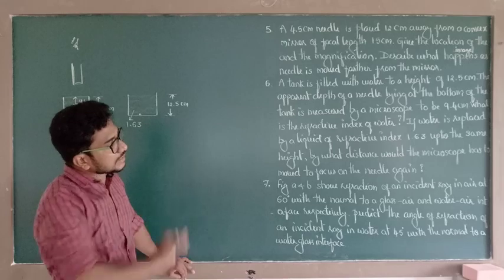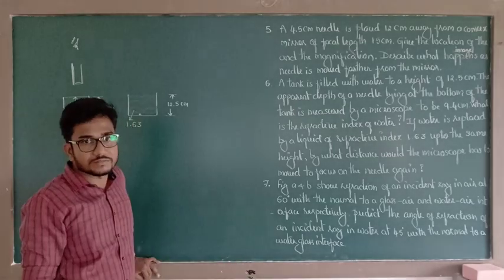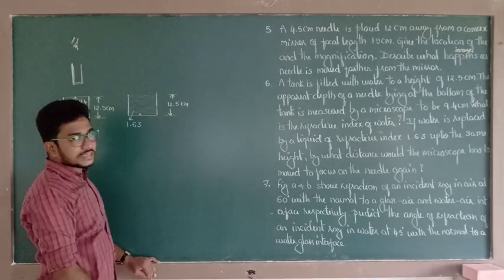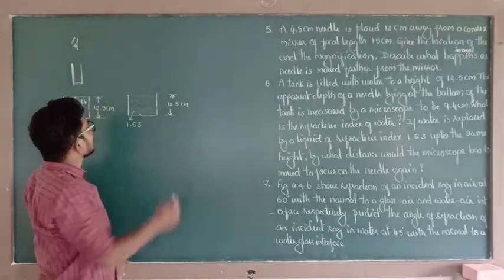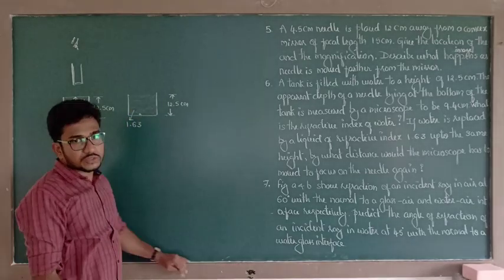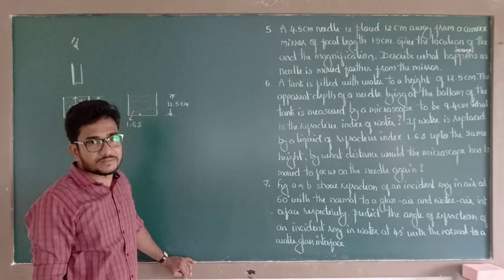Already we know the apparent depth in the first case, when the beaker contains water. Then we find the apparent depth in the second case. Then easily we can calculate by how much distance we can move the microscope in order to get a clear image.